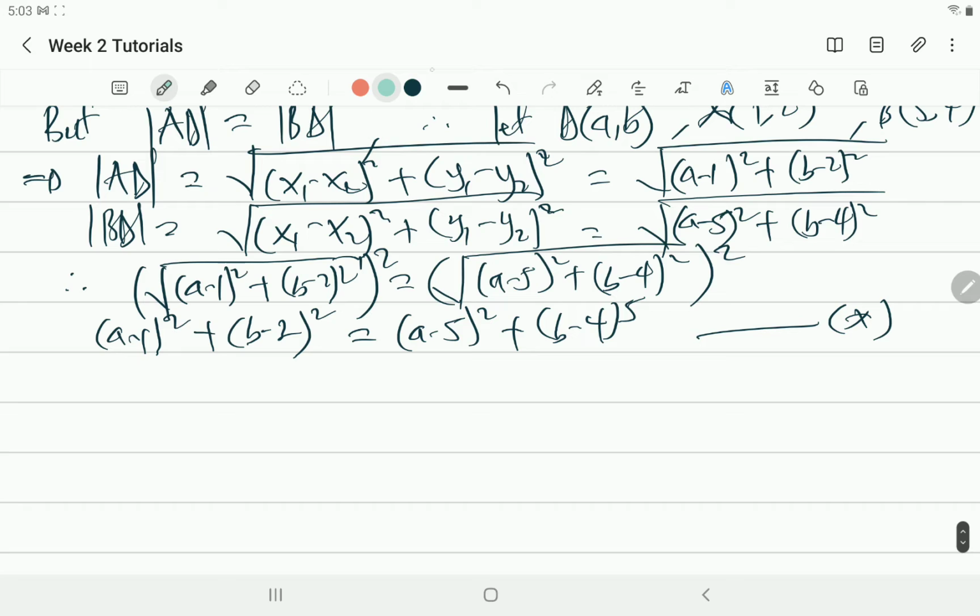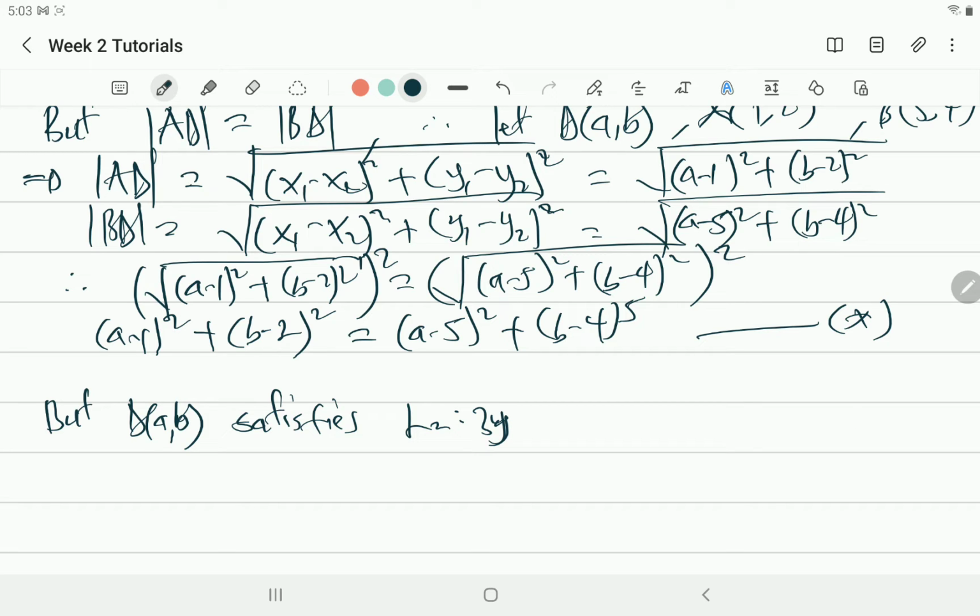So all I have to say is, D, which is (a, b), satisfies L2, which is 3y plus x equals 17.